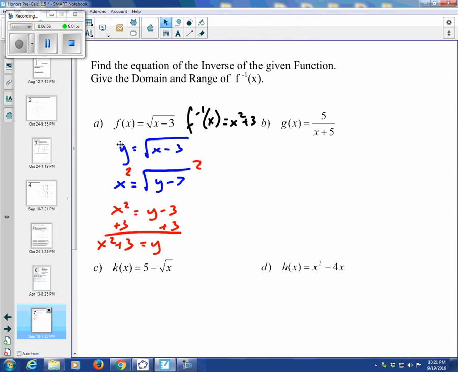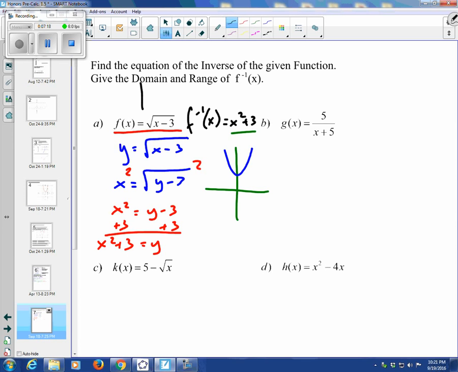So right here, what we want to take note of, though, is that if we just graph this equation, we would have the parabola moved up 3, right? And what we want to ask is, all of the ordered pairs that make up this parabola, are those really the ordered pairs of our f inverse?